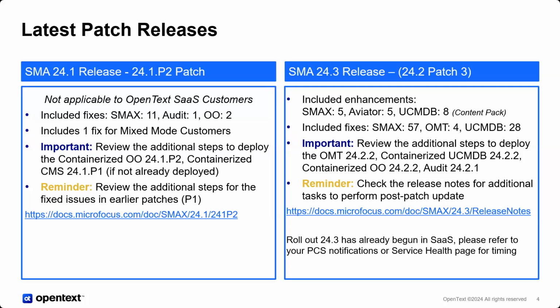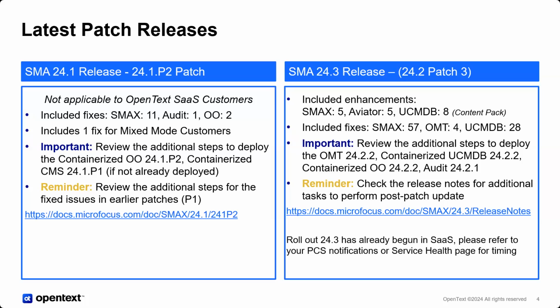As part of that, there's a number of enhancements with those odd numbered releases. We do tend to include a number of enhancements. So it's 5 for SMAX, we've got 5 for Aviator, and the content pack stuff that we've done for UCMDB. A large number of fixes are included in that as well.